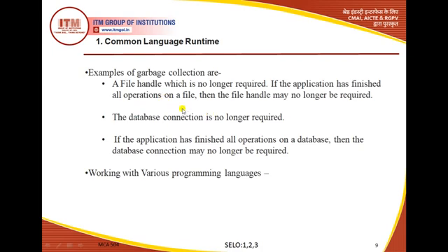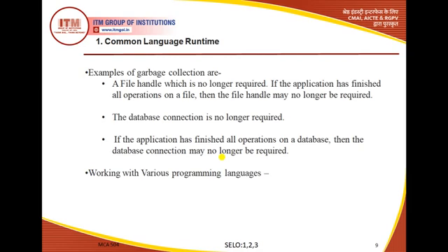If the application has finished operations on the file, the file handle will not be required, and if it has finished all its operations on the database, the database connection will no longer be required. Such database connections, file handles, etc. come into the category of garbage. So garbage collection deals with resources like database connections which are not required but are still present in the system's memory.